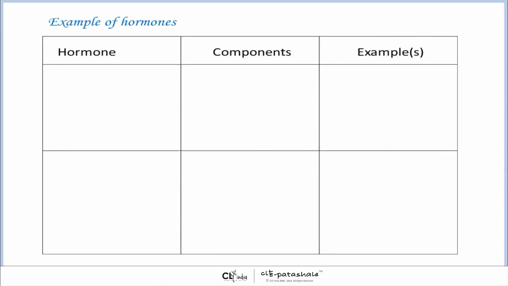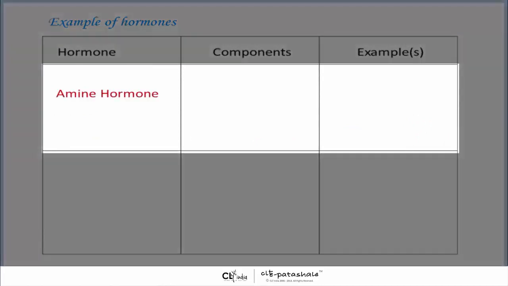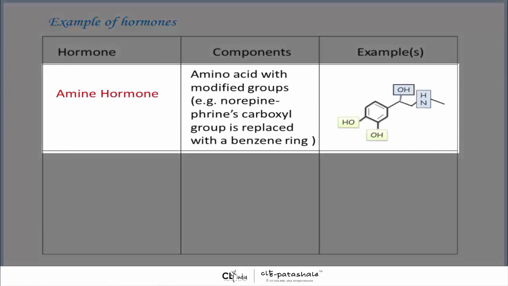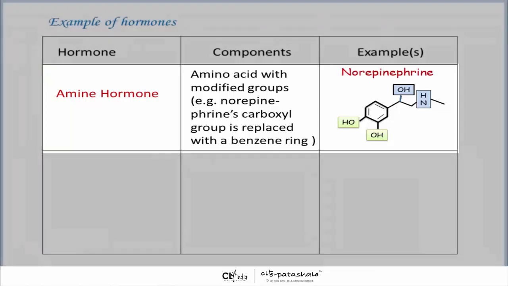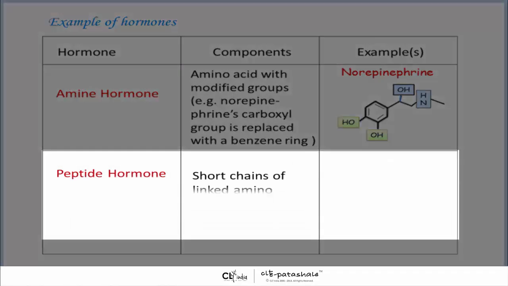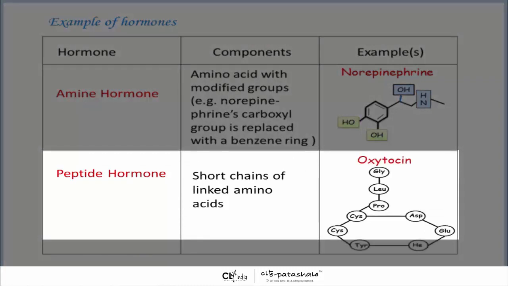Examples of hormones: the amine hormone is made up of amino acid with modified groups. For example, norepinephrine, whose carboxyl group is replaced with a benzene ring. Peptide hormone, which is made up of short chains of linked amino acids, such as oxytocin.